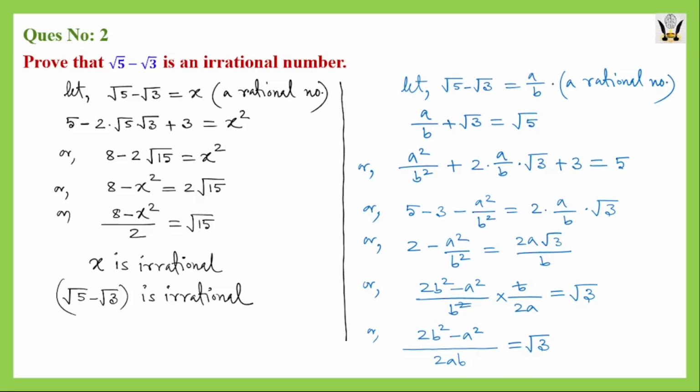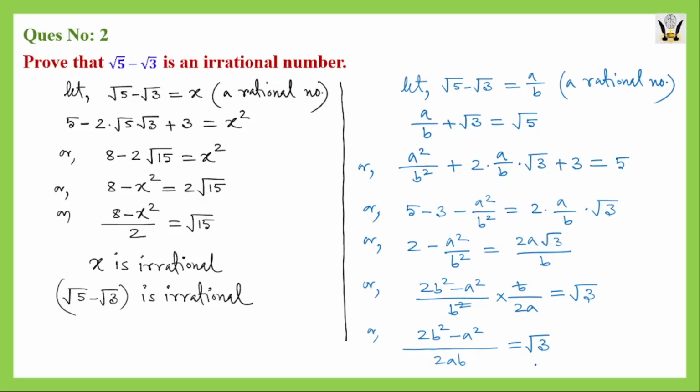Now root 5 minus root 3 we assumed as a rational number, and that was a by b. So a and b both are integers as per our assumption. So 2b square minus a square divided by 2ab, since a and b both are integers and 2 is also an integer, this whole form on the left side will give us a rational number.